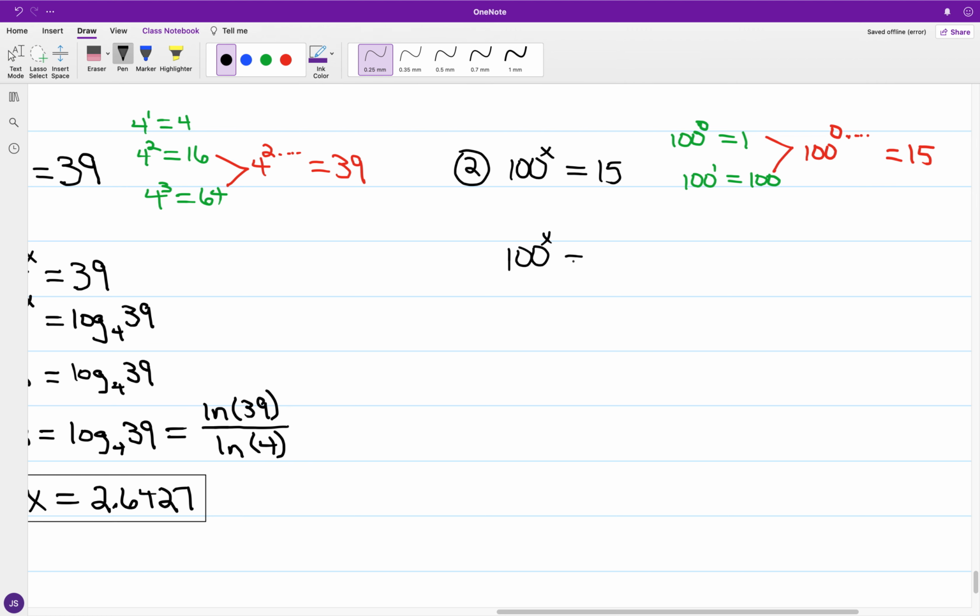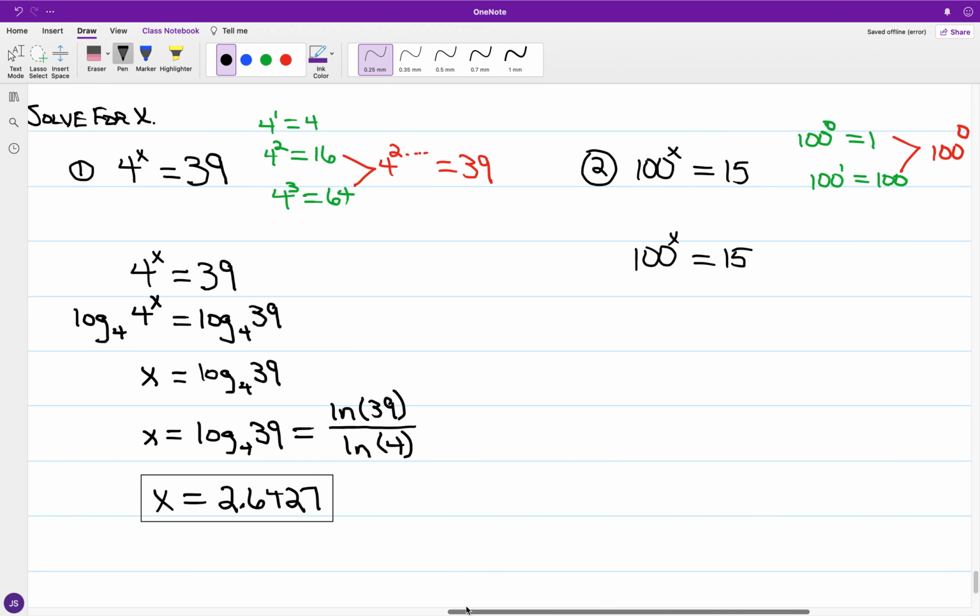So you have 100 to the x is equal to 15, and if I reapply the base a logarithm, where a is 100, just like what I did with 4 to the x, I convert 100 to the x into x. So I'll be taking this rather large base logarithm, where I have the base 100 logarithm of 100 to the x is equal to the base 100 logarithm of 15.